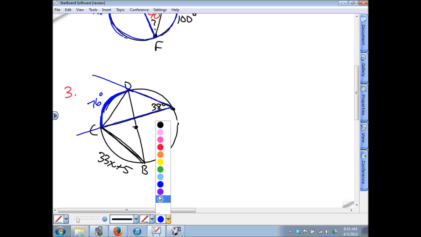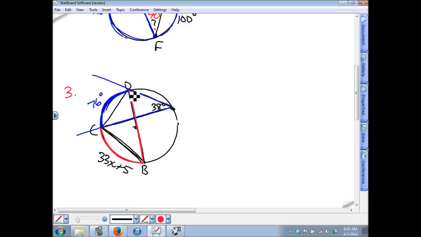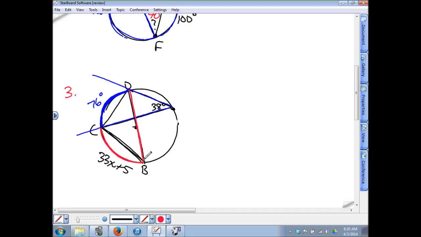Now we can also find the measure of that arc. Stay focused, you guys. This is a diameter, correct? Yeah. Which means that from D all the way to B, this half a circle, is 180 degrees.